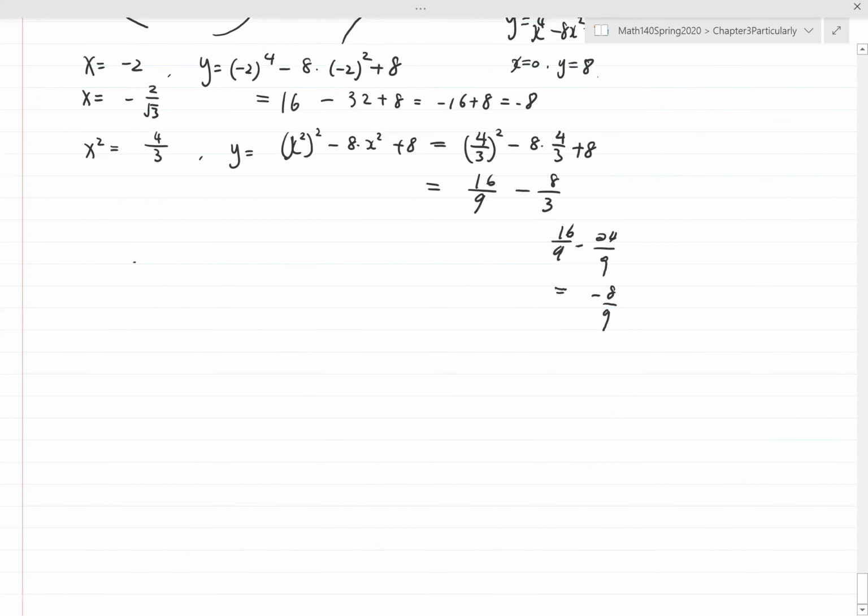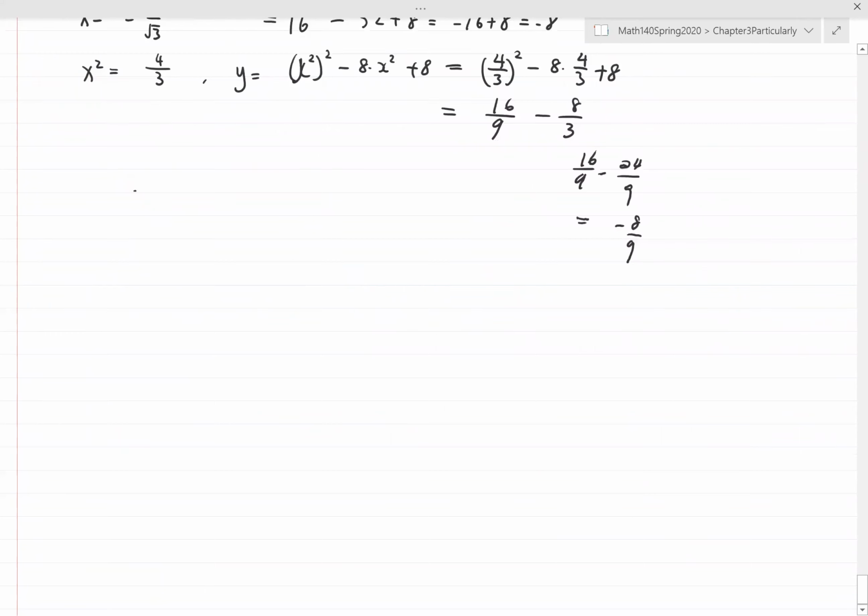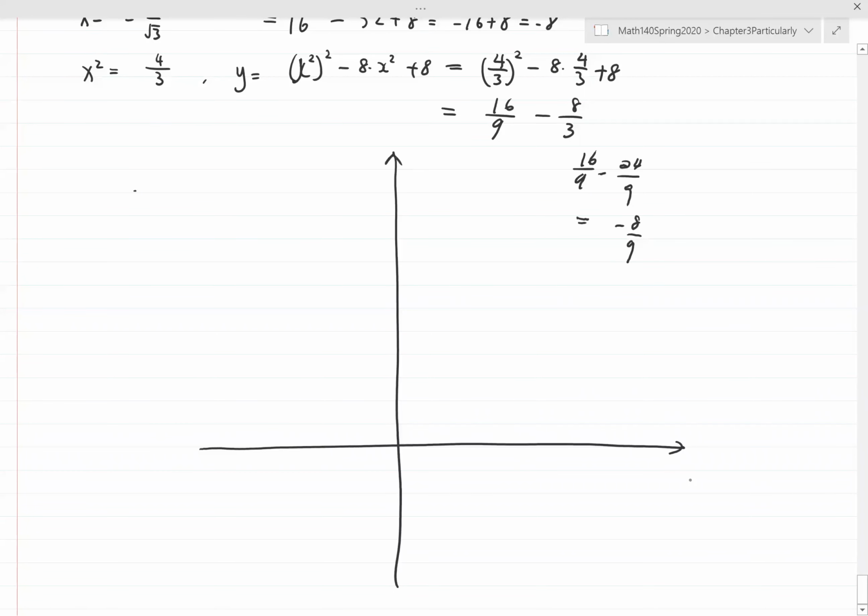So let's plot. When x is 0, y is 8: 1, 2, 3, 4, 5, 6, 7, 8. This is the y-intercept.